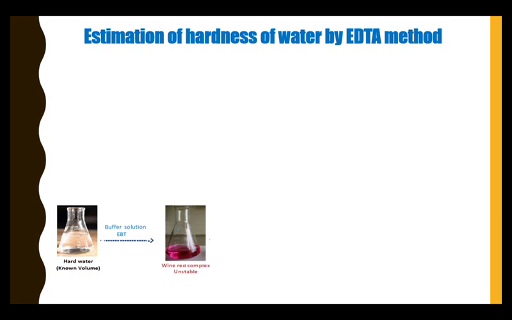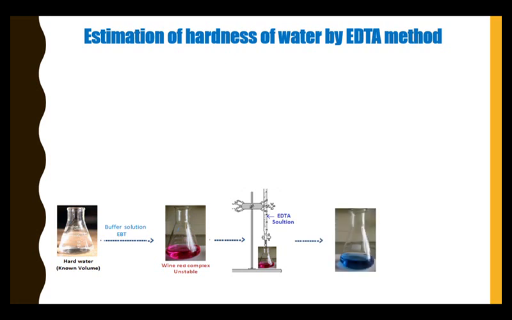Then that water sample turns to wine red color, and that is titrated against EDTA solution till the color changes to blue. You can see the first colorless solution, after the addition of the buffer solution and EBT, turns to wine red, and upon titration finally it changes to blue.